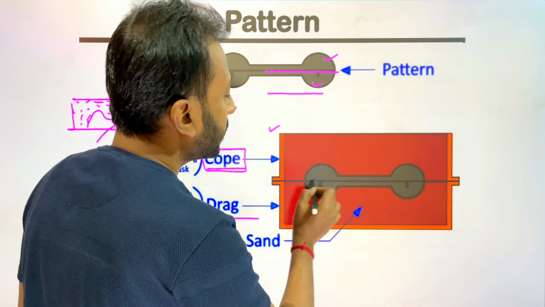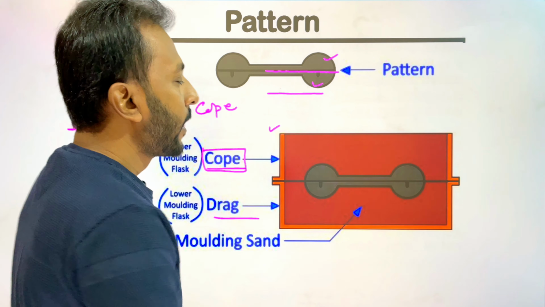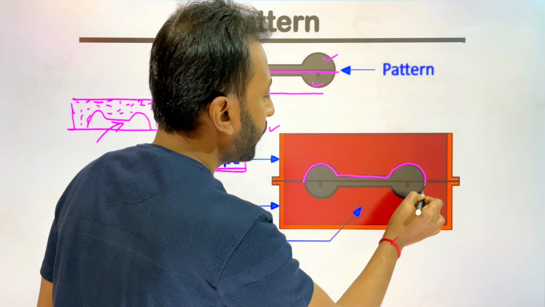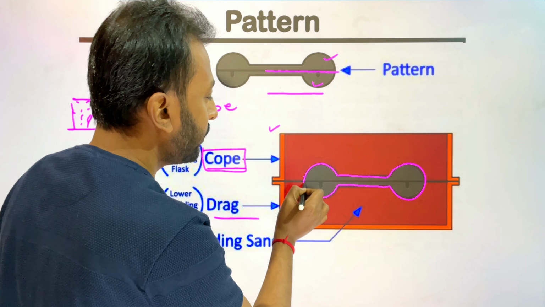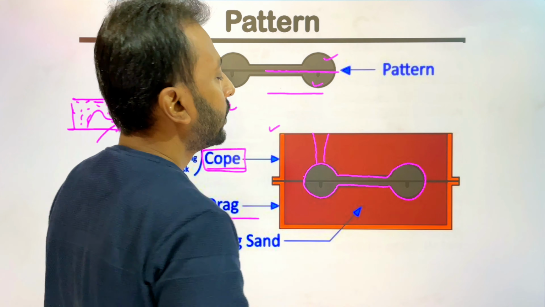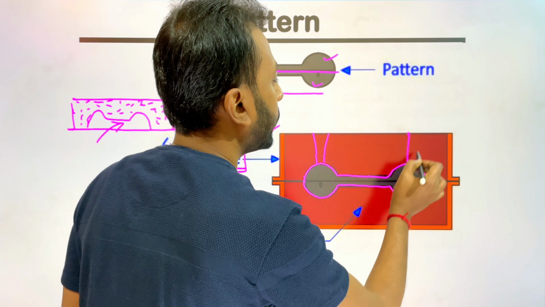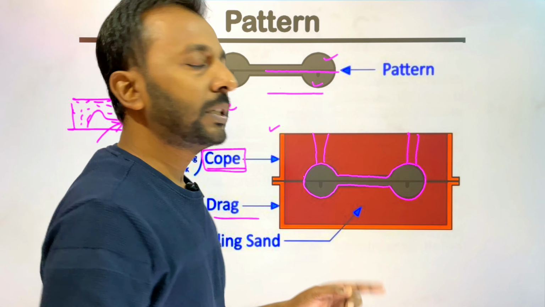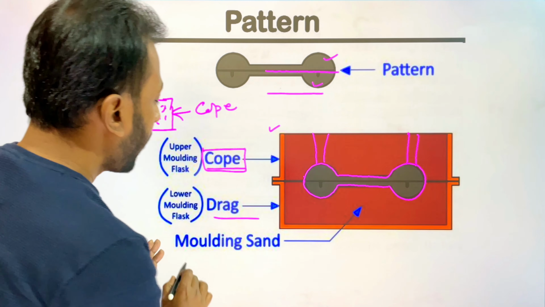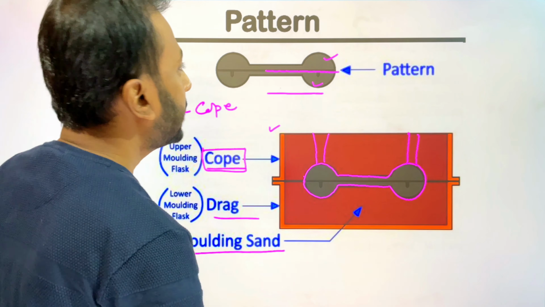We will remove this pattern earlier. So here will be a complete blank portion, and we will create here a pouring basin and here one riser. We know this from earlier videos. So the complete molding box will be like this.